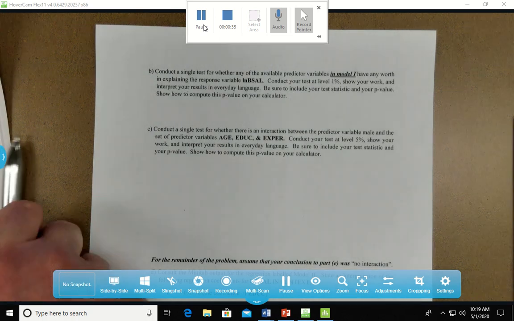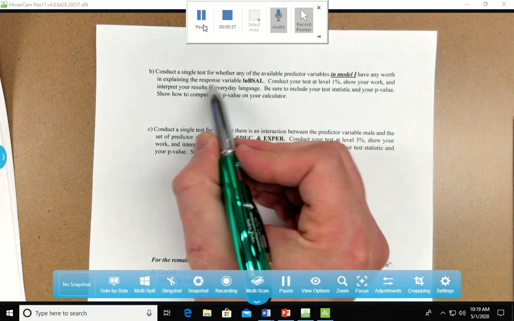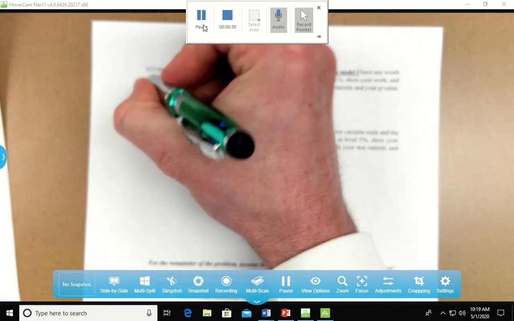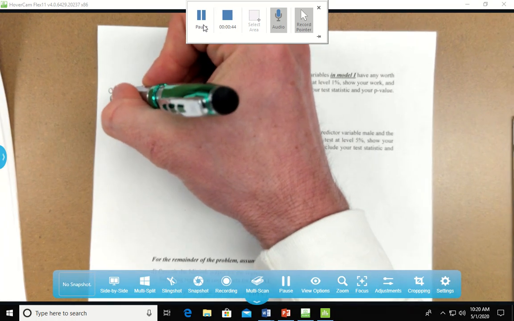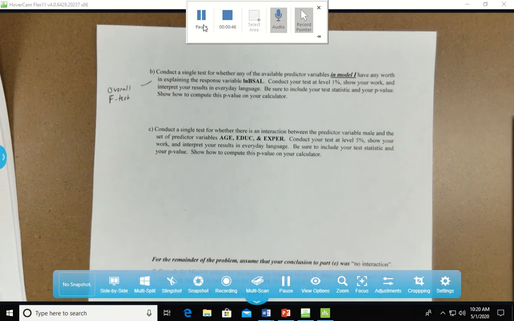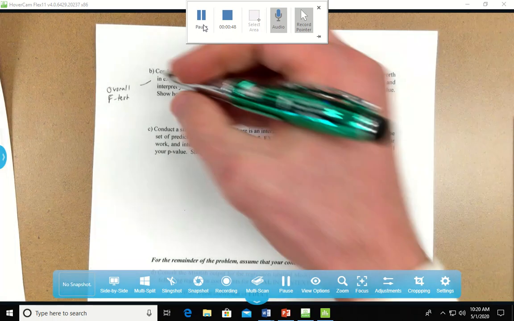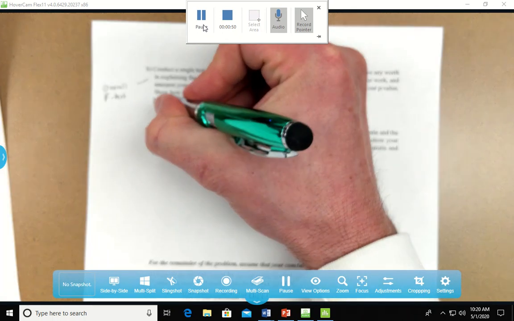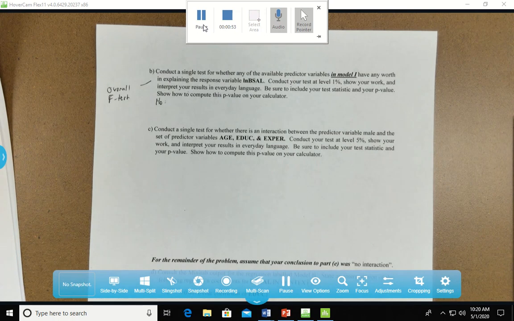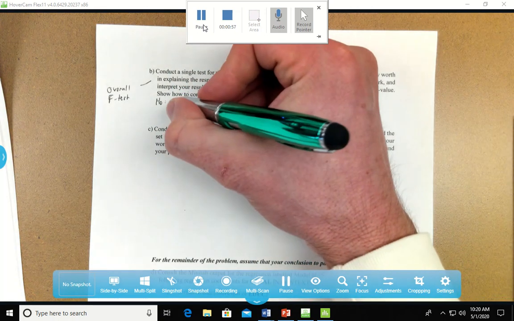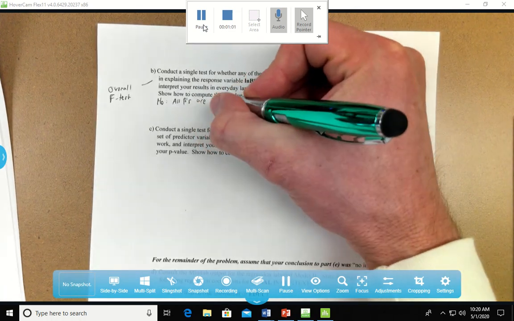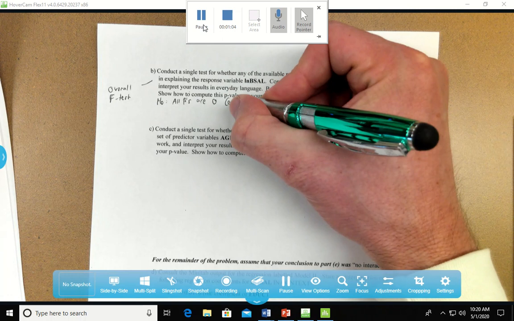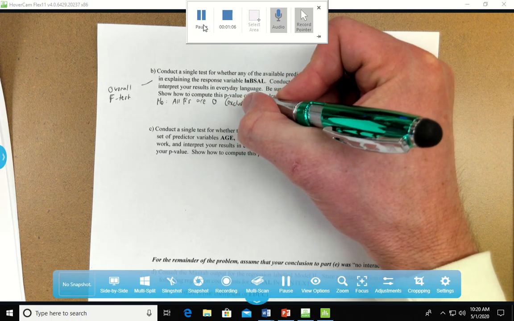Well, okay, does it have any worth? So this means then an overall F test. All right, so what we would say in our null hypothesis would be that all betas are 0, except for the intercept.